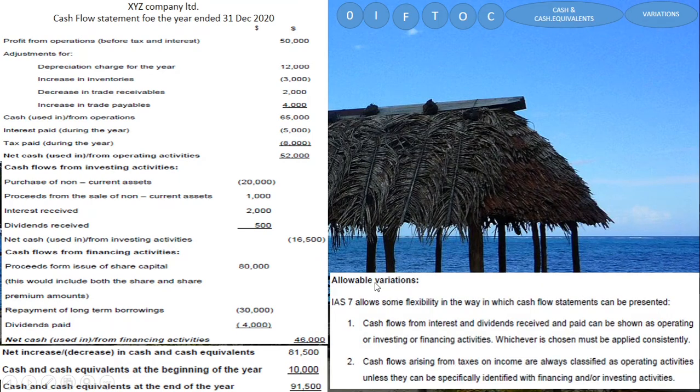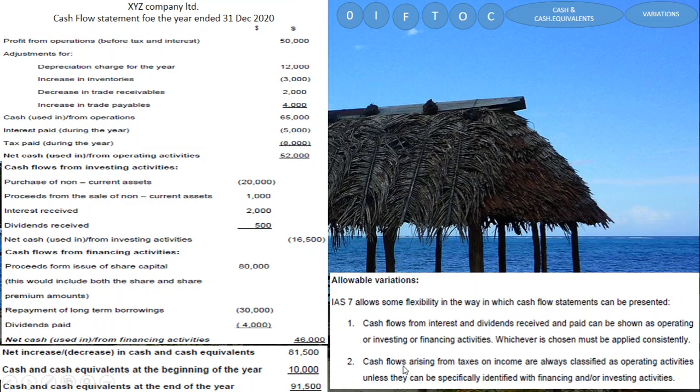Now, the allowable variations as per International Accounting Standard, which I've said before, but I'm going to repeat one more time. IAS 7 allows some flexibility in which the cash flow statements can be presented. Cash flow from interest and dividend received and paid can be shown as operating or investing or financing activities. Whichever is chosen must be applied consistently. So regarding interest and dividend paid or received, you can treat it as operating, investing or financing, but whatever method you choose, you must follow it consistently, meaning follow the same method over the years.